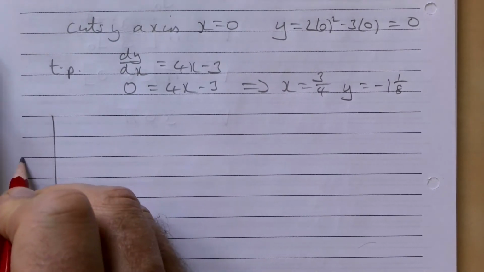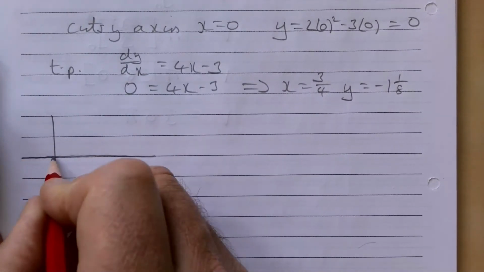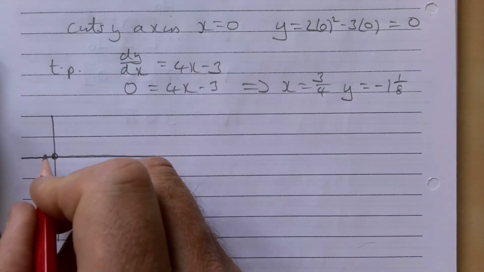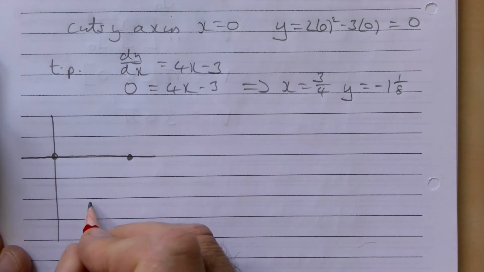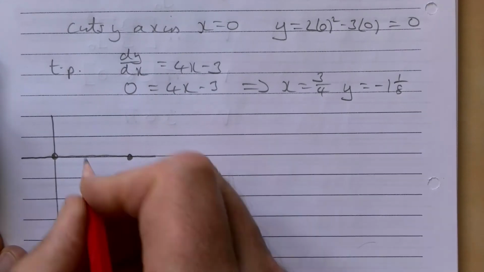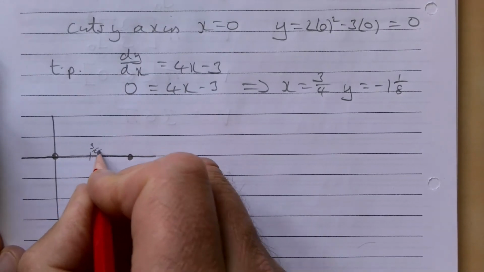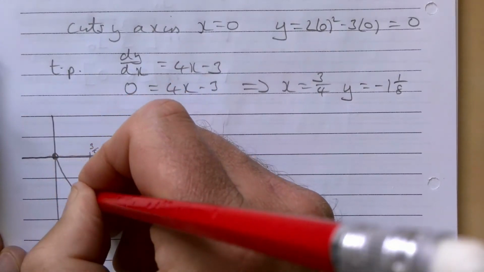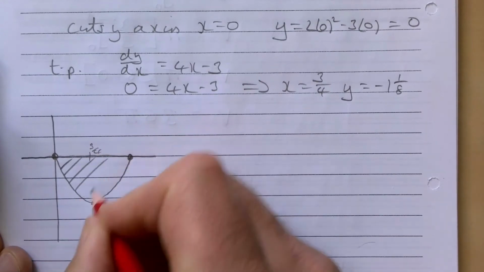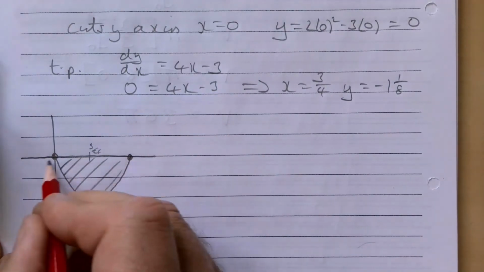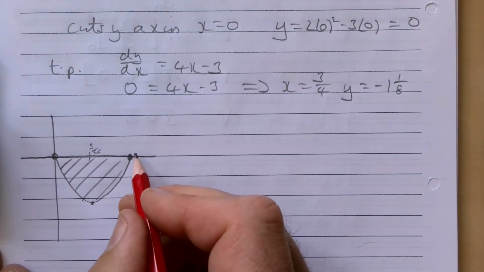So here is our function. It crosses 0 and it crosses at 1.5. Our turning point is minus 1 1/8, down about here, and that is at x of 0.75. So this is what we're rotating about 360 degrees, and by drawing the curve we know there are 2 points of integration where we're going to integrate in between.